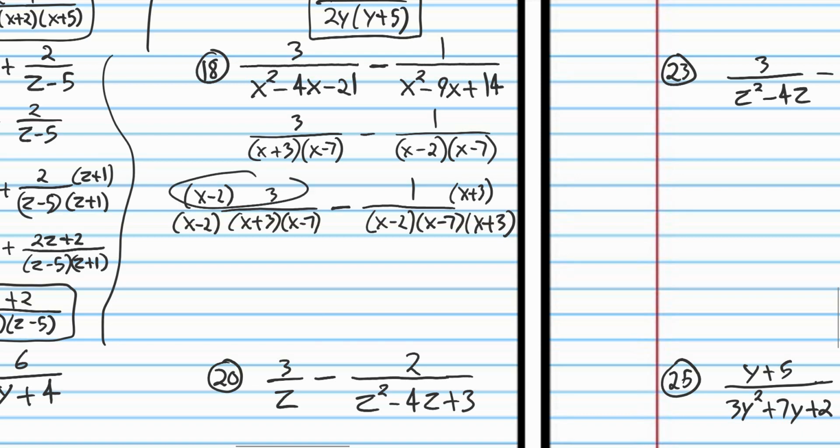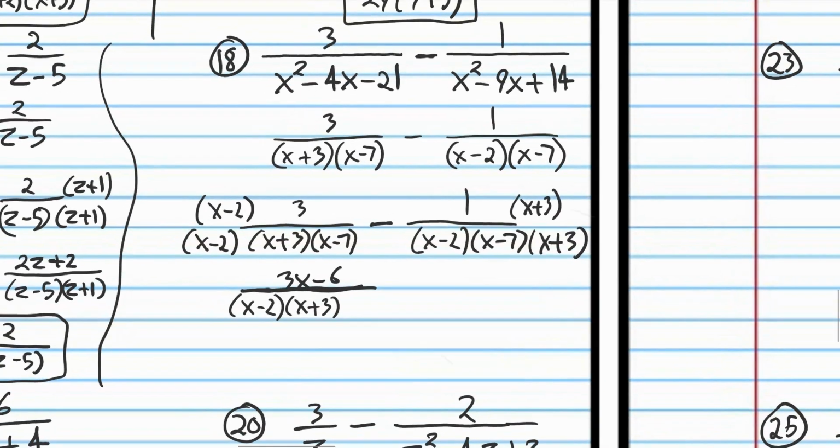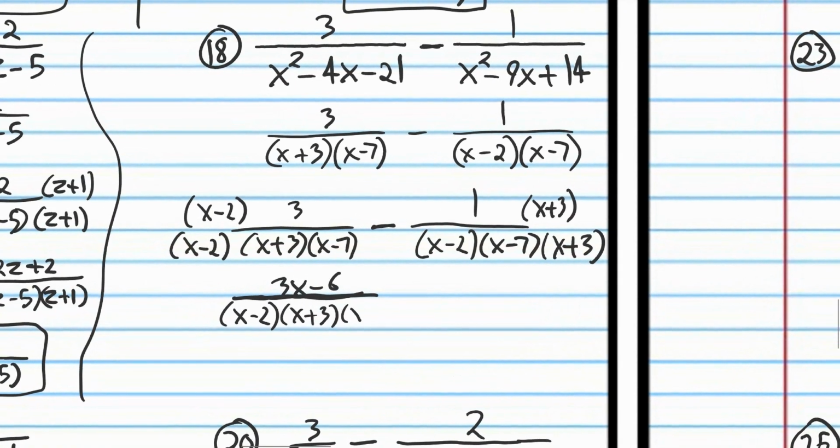So now distribute 3x minus 6. And 1 times x plus 3 obviously is just x plus 3.